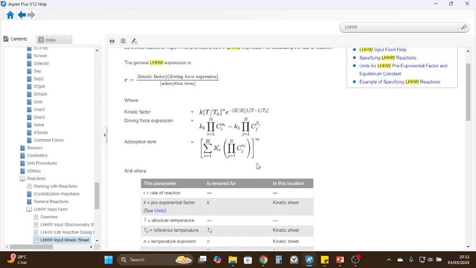Now, depending on this driving force, if you remember, I had selected acetone as 1 because over there these are the different terms for the driving force.